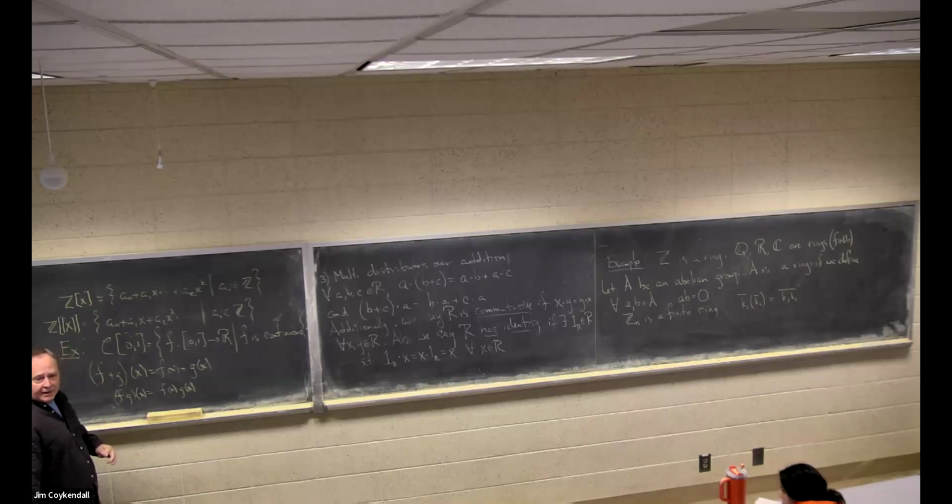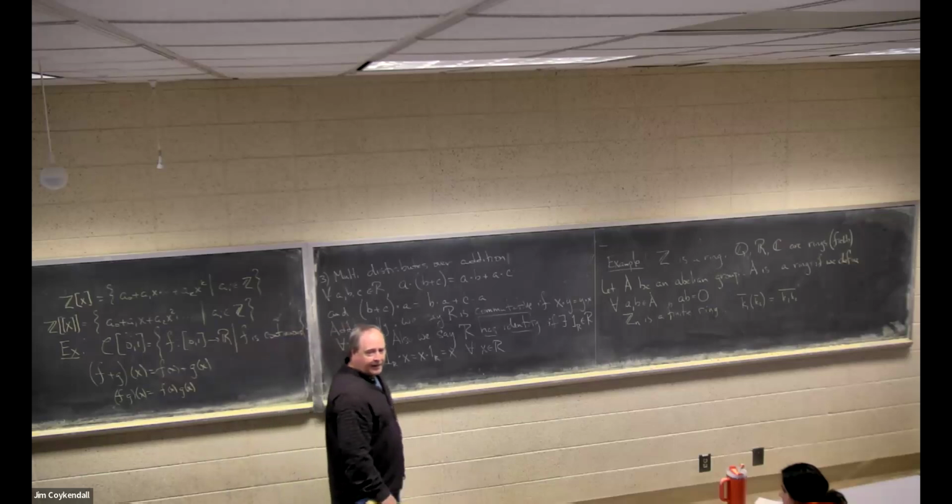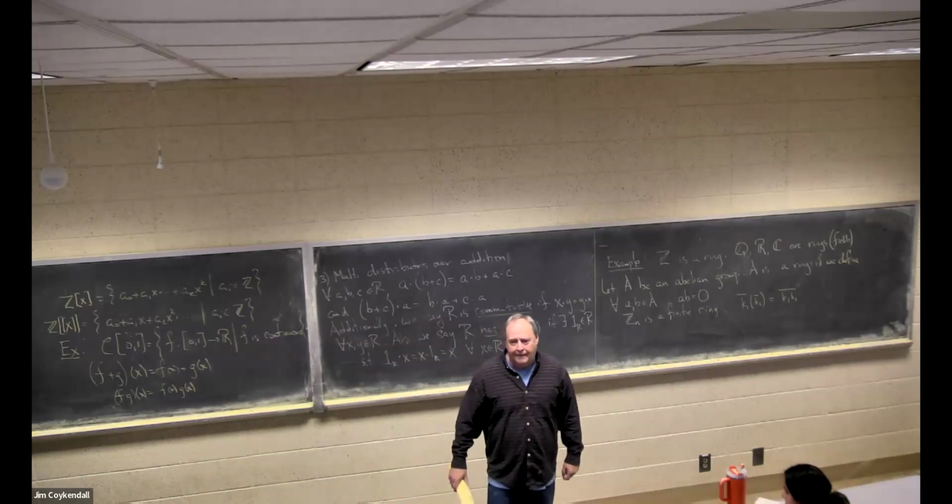Yes. So to clarify, if we say that a ring has an identity, then we're talking about the identity of the multiplication. That is correct. It's always got an additive identity because I assume it's an abelian group. So we've got that coming out of the gate. But if somebody walks up to you on the street and says, here's a ring, what's the identity?